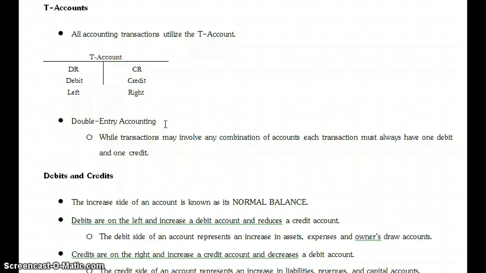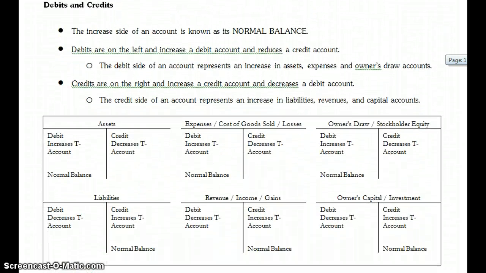When I first heard of a debit and a credit, in my head, I was thinking of a debit card and a credit card, where you use your debit and your credit card to make purchases, which is going to decrease your amount in your bank account. Well, I had a hard time understanding and rationalizing this, because to me a debit meant a decrease in my bank account.